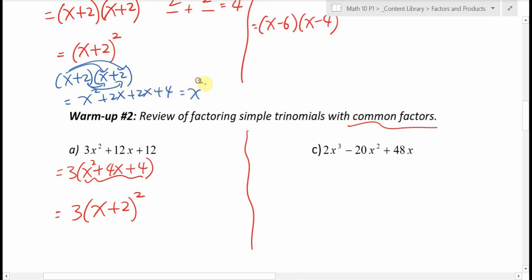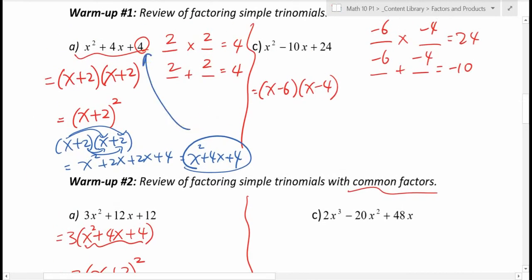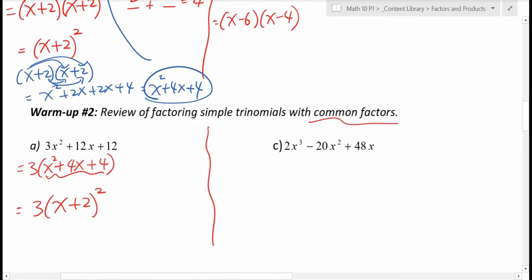And if you combine like terms, you get x squared plus 4x plus 4. And remember, this should be the same as your original trinomial, right? Because that's what it means to factor, to make it simpler. And when you expand it, you should get the original expression. Okay, anyways, that was just a quick review of what it means.